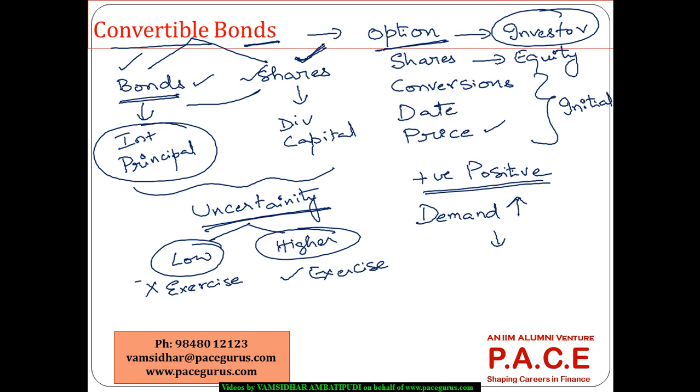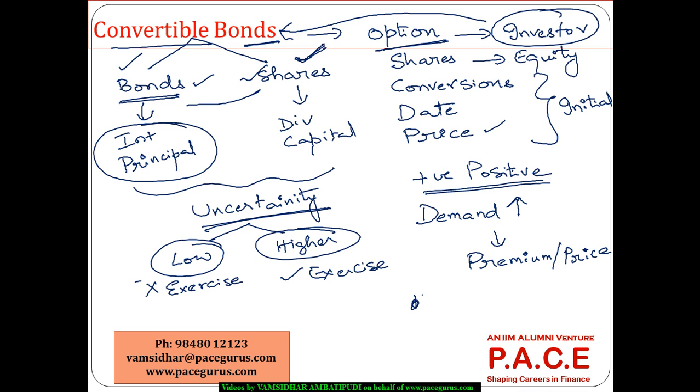And this uncertainty is measured in the form of option price, or option premium, or conversion premium. Typically, this conversion premium is paid by the investor to the issuer for getting that option to choose whether he would like to convert or not, which results in the price the investor pays for it being higher.